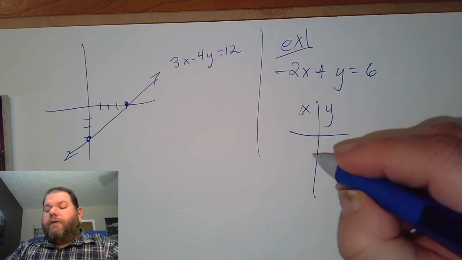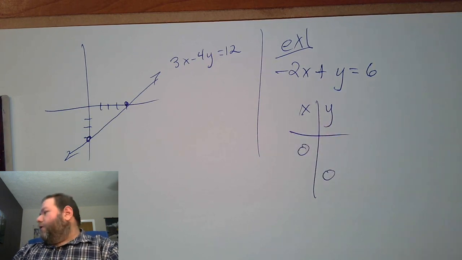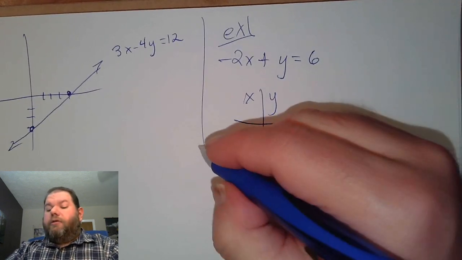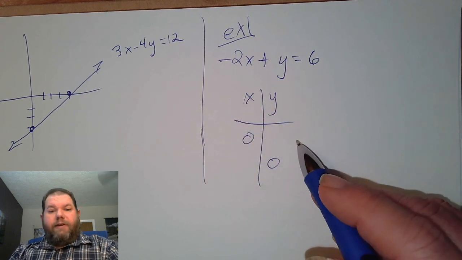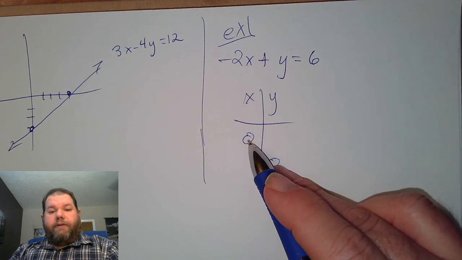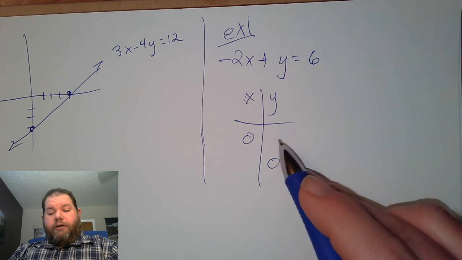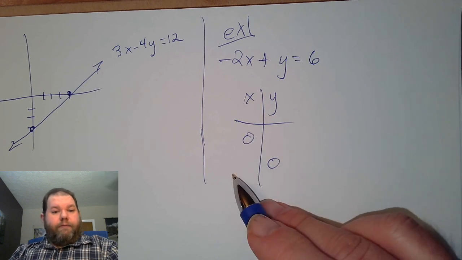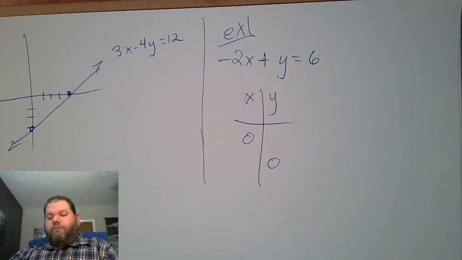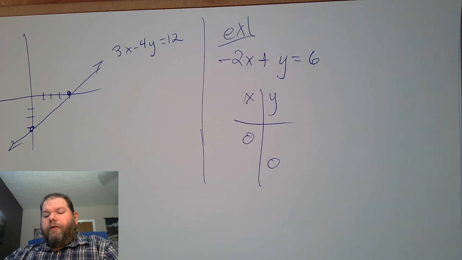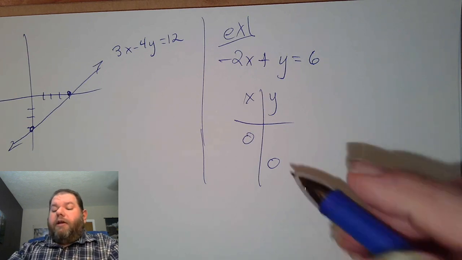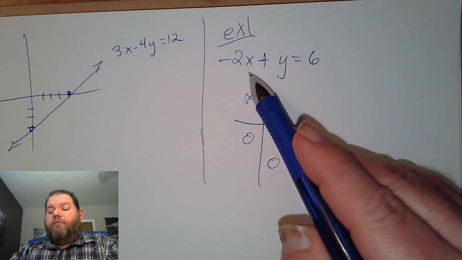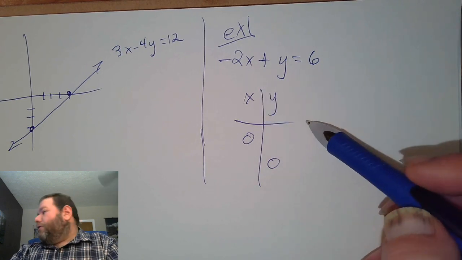In another sense, what we're actually doing is like making a t-chart, where we pick 0 for x and solve for y, and then pick 0 for y and solve for x. So if we plug in x equals 0, what will y equal in this equation?